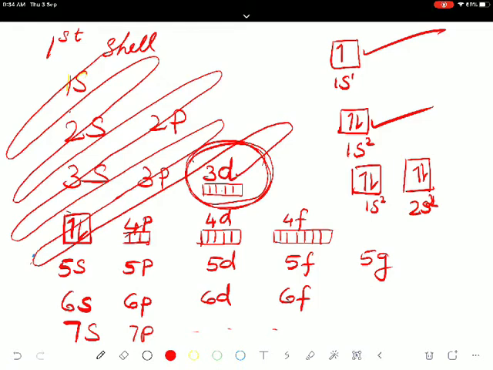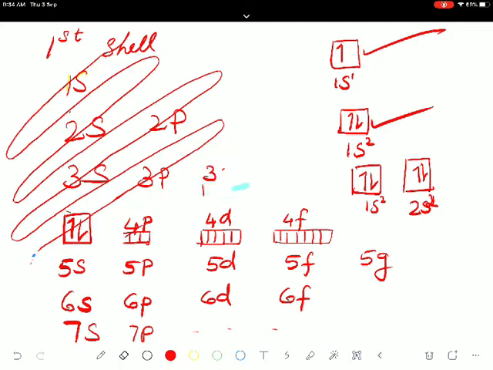Now I am going to show 3d in 5 orbitals. One, two, three, four, 5. Again degenerate orbitals are here. So next electron, that is scandium. Scandium 1, titanium, vanadium, chromium.